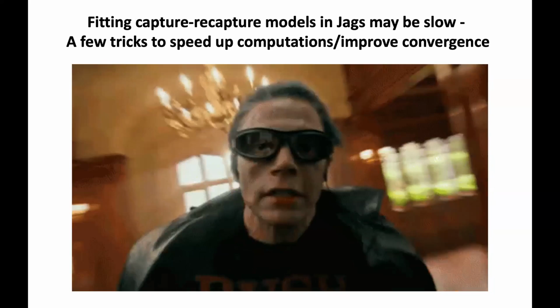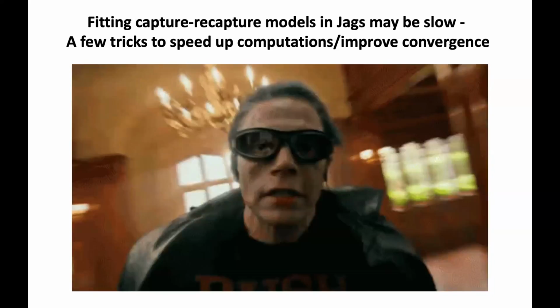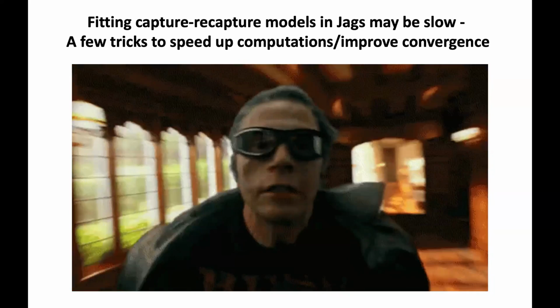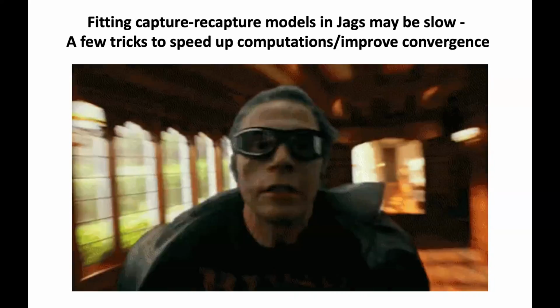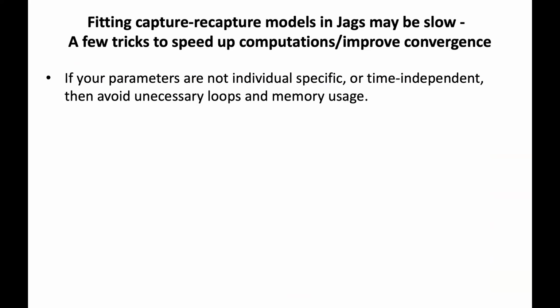I wanted to share a few tricks with you to speed up the computations and maybe improve convergence. This is kind of an open discussion, so Marc, Michael, and anyone, feel free to jump in.